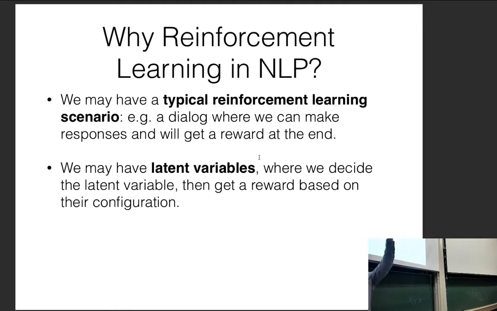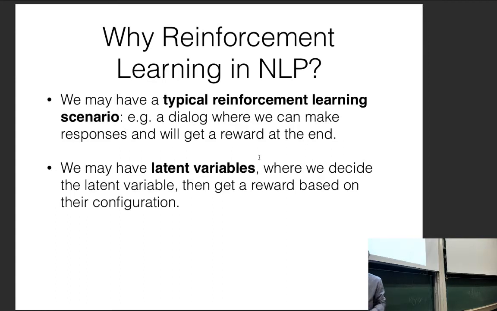One stage is information retrieval, where we get the most relevant Wikipedia article. The second step is question answering, where given the article, we then try to actually answer the question. So in this case, we have a latent variable, which is which article we should be choosing to try to answer this.